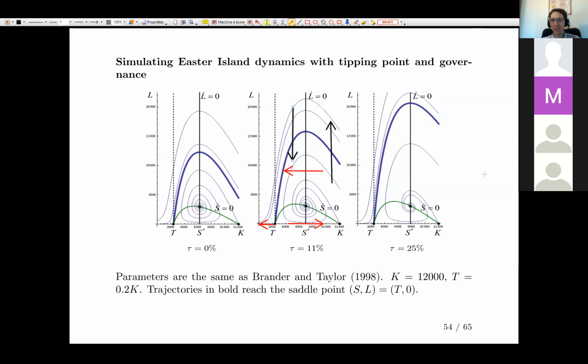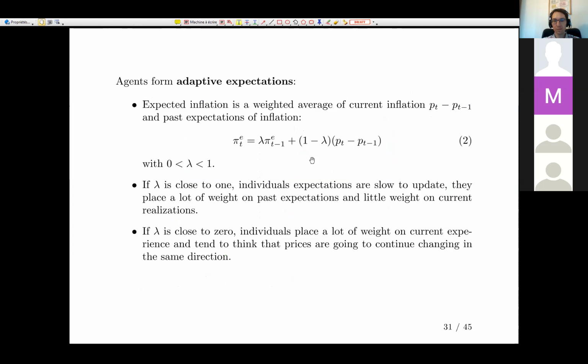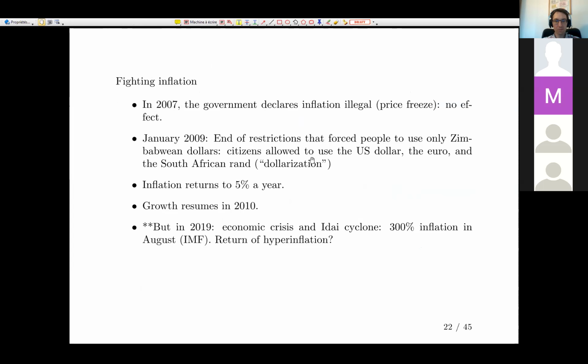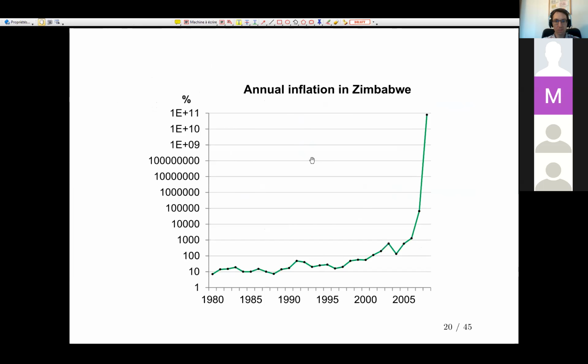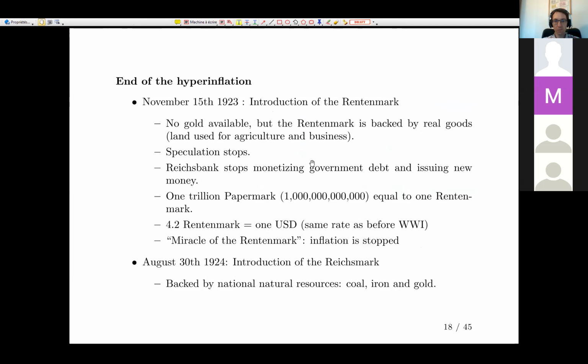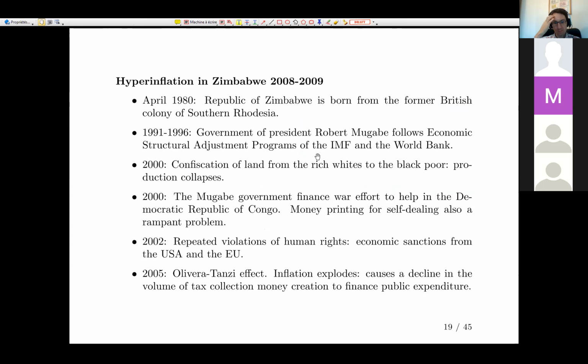It was the case of Zimbabwe, what happened in Zimbabwe, and why it's going awry right now.